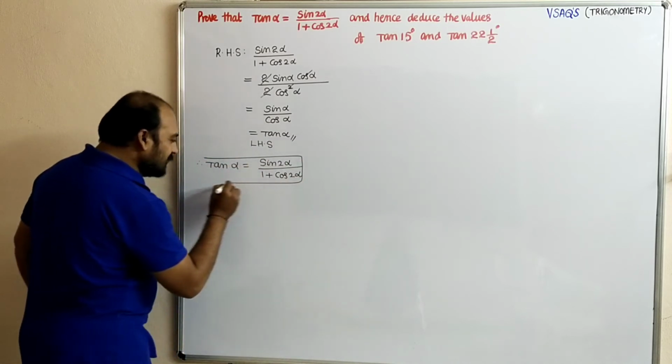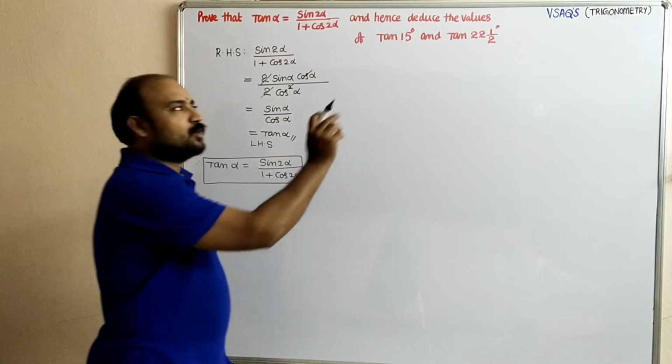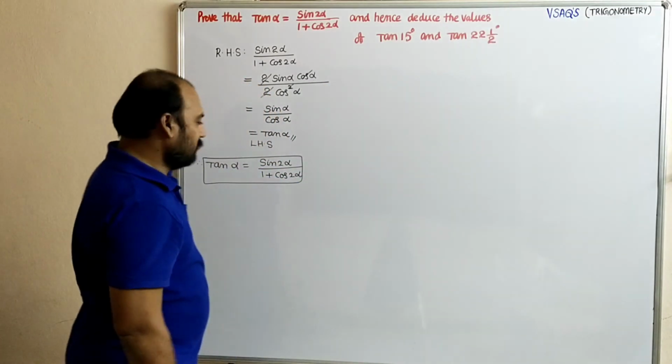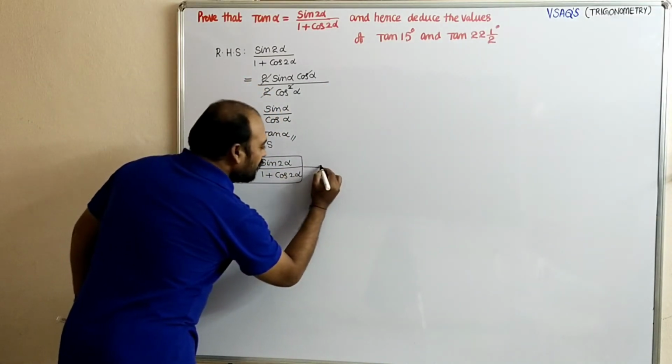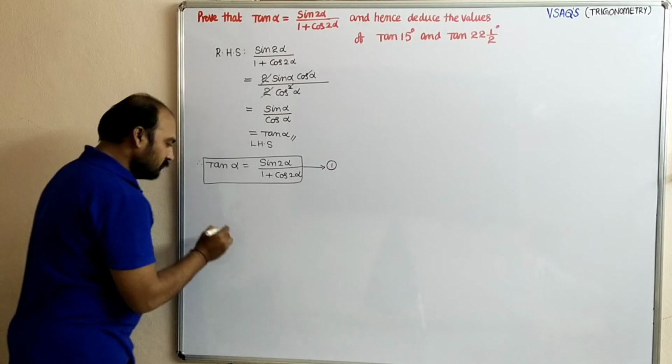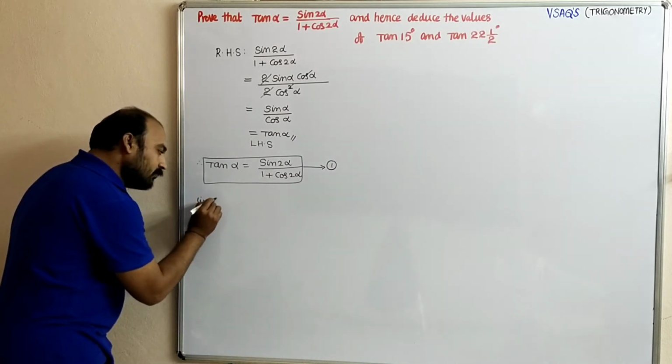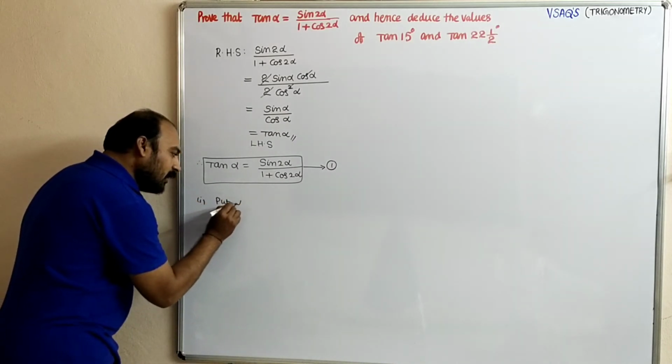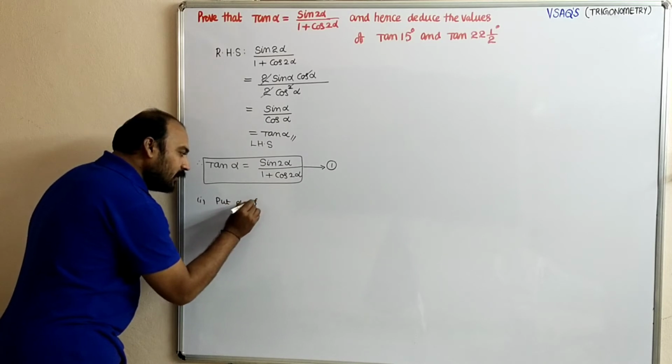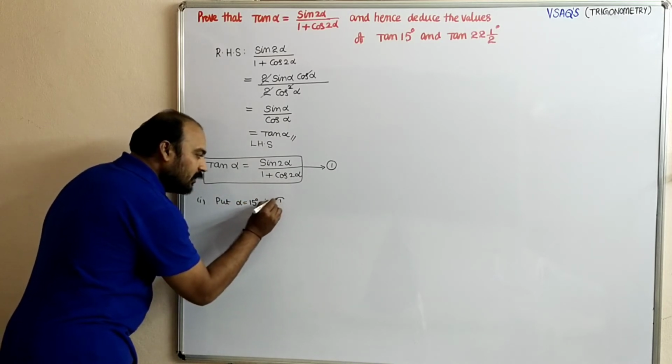By using this result, the first question: tan alpha, you put as equation number 1. Put alpha equal to 15 degrees in equation 1.